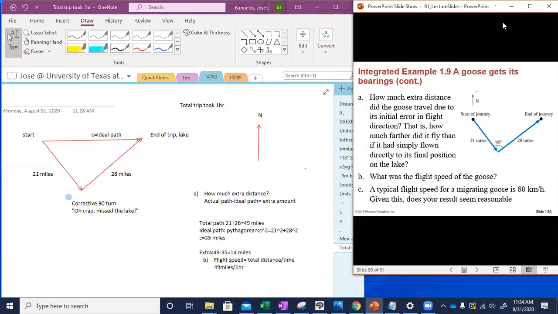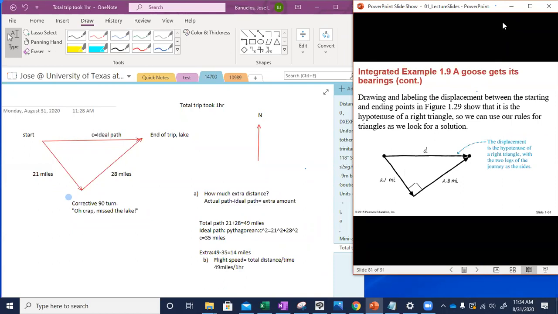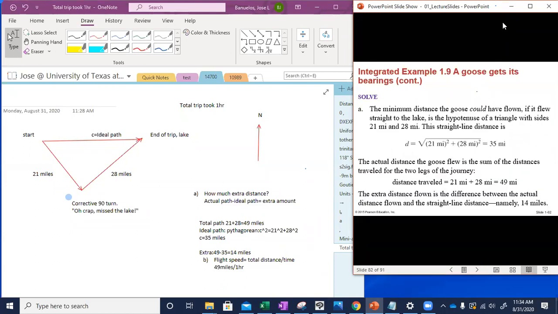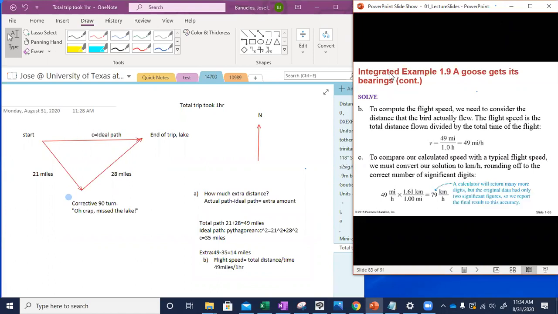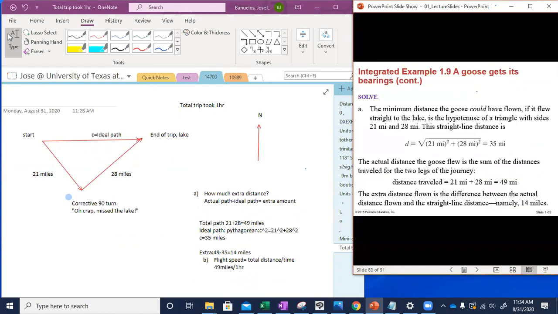Once again, it's a good time to stop and think, is that number reasonable or not? Really what I'm asking you to do is to think about whether that number seems okay. So 49 miles an hour, that's about as fast as a vehicle drives on some roads, highways.